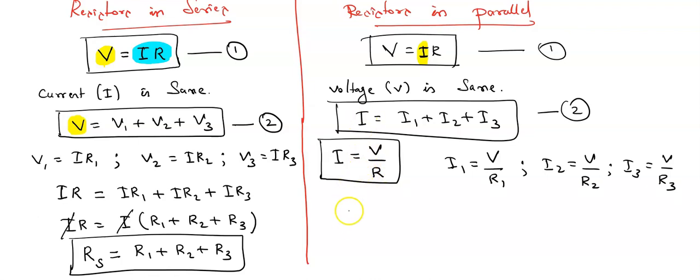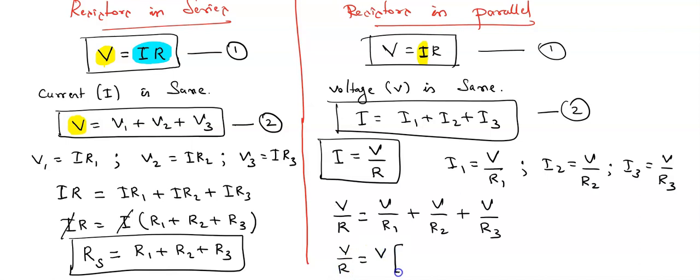Now in place of I, in equation 2, I will write V by R. I is nothing but V by R. What is I1? V by R1, plus I2, V by R2, plus I3, V by R3. Then V by R is equal to, I will take V as common factor.